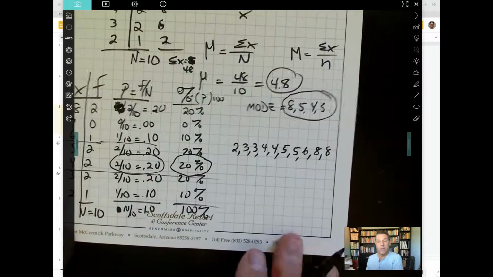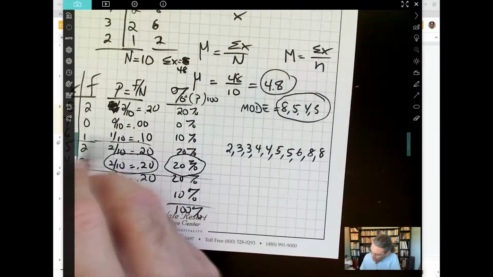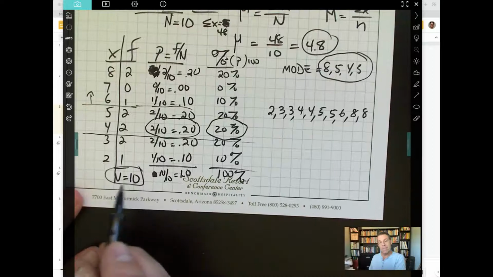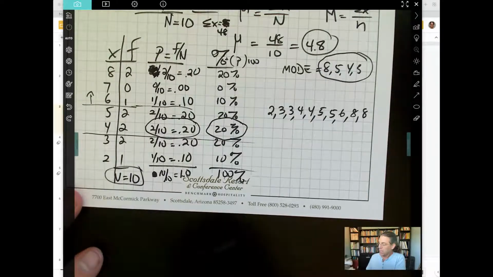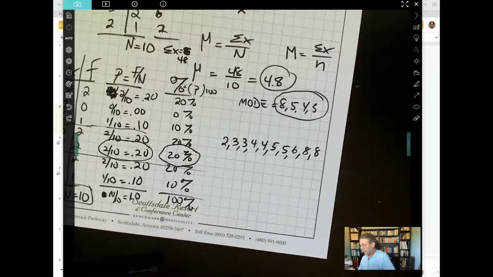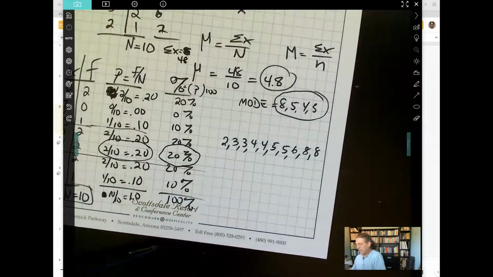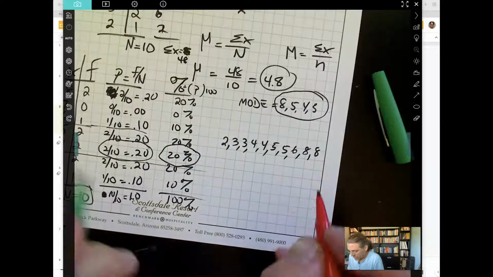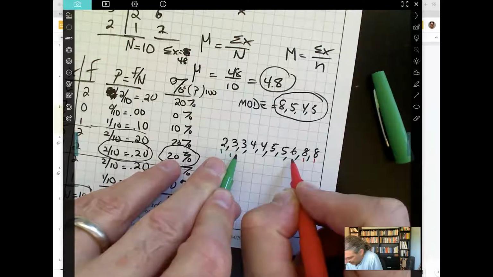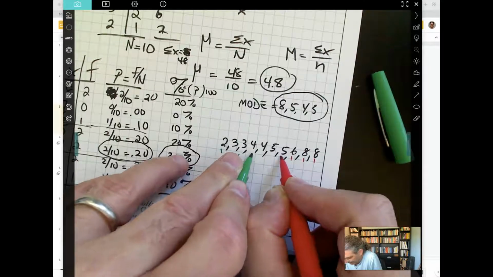Looks good. Now at this point, I know again that I have this n of 10. Because my n is even, that means I need to find the 2 scores in the middle. So typically what helps is to come in from the outside, one at a time. So 1, 2, 3, 4.